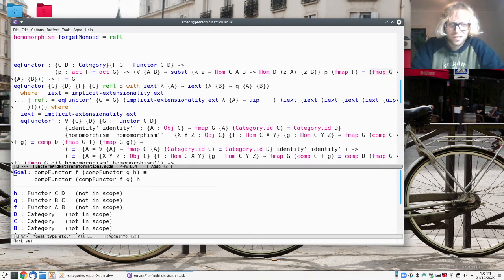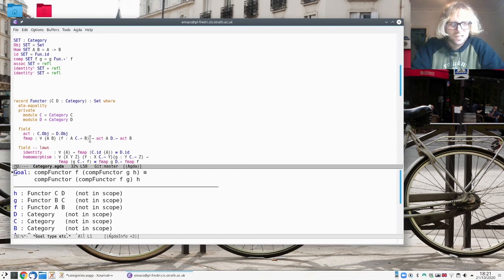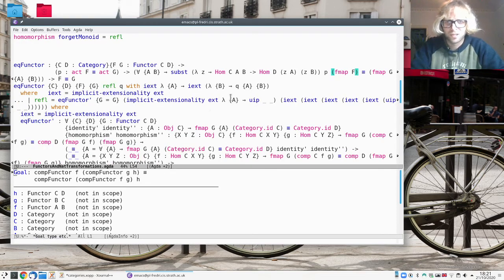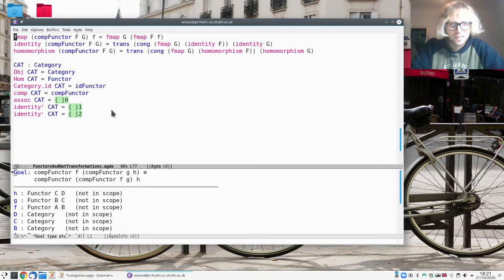You would like to say they're equal on objects and they are equal on fmap, but the type of fmap itself is actually mentioning the action on objects, right? So you need to fix up the type of this with the previous one. So let's not worry about how you prove this, and let's see how you use it instead, because it looks scarier than it is, I think.